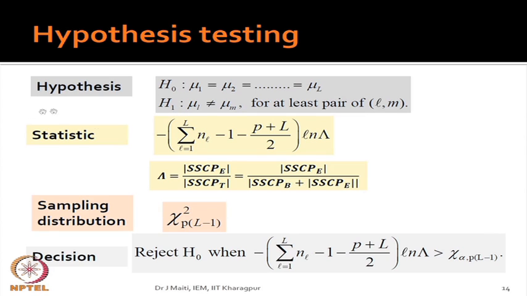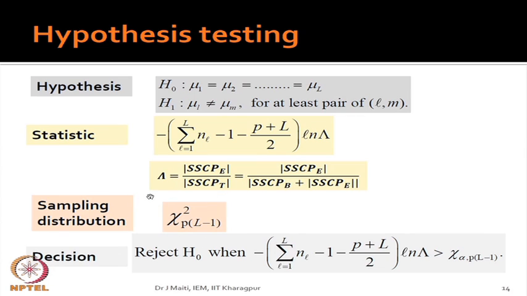You will use a statistic, which is minus within bracket n minus 1 minus (p plus L) by 2, times log lambda. You know how to compute lambda. This statistic follows a chi-square distribution with p into (L minus 1) degrees of freedom.